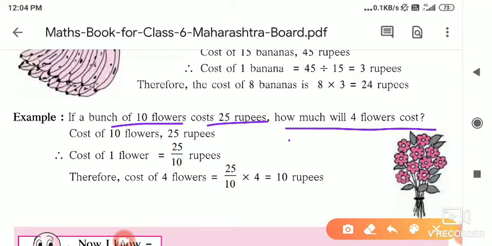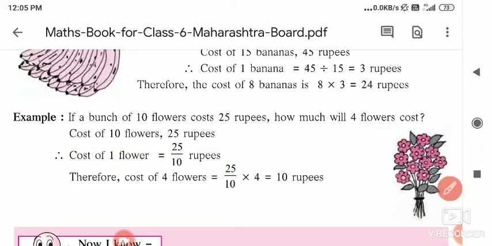So here, from this statement we understand that 25 rupees we have to give for the 10 flowers. So here we have to write, find the cost of one flower. So cost of 10 flowers is equal to 25 rupees. Therefore, the cost of one flower is equal to the number of rupees divided by the number of flowers. We will get the cost of one flower.